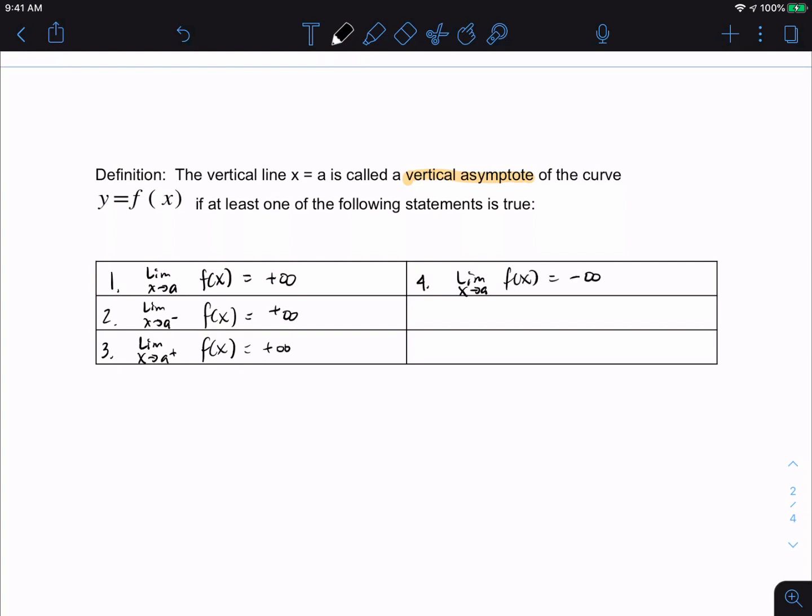If it's equal to negative infinity as it comes from both sides, that's a vertical asymptote. And then the 2 one-sideds, coming from the left or coming from the right.